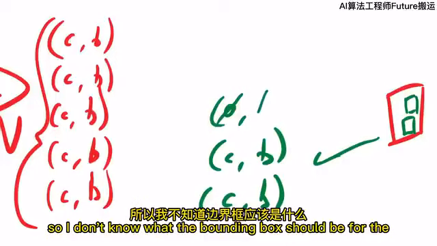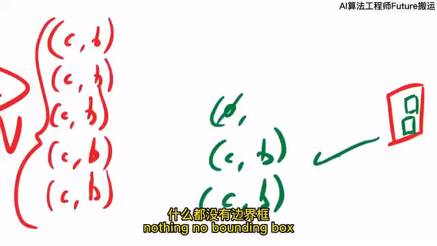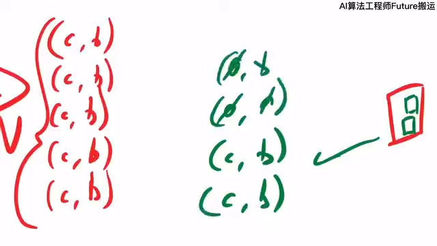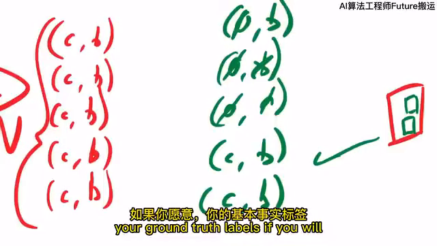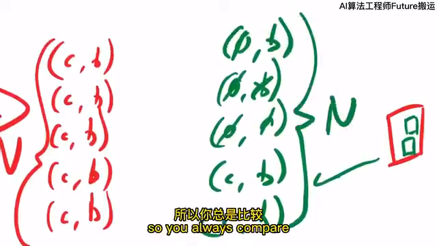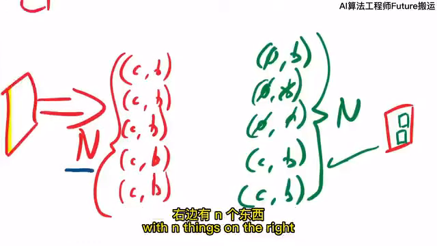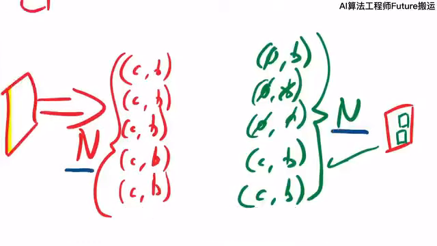I don't know what the bounding box should be for the nothing class, it doesn't really matter. Nothing, no bounding box. So your ground truth labels, if you will, are also of size N. So you always compare N things on the left that your classifier output with N things on the right.